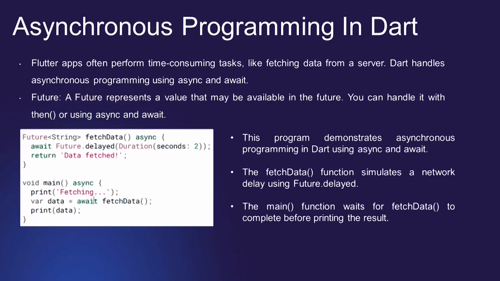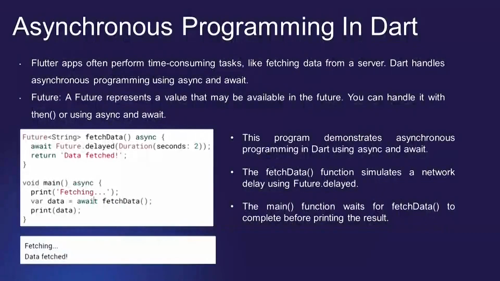So, I hope you understand the async keyword, await keyword, return keywords, and how to define an asynchronous task and how to execute that task inside main. So this is the output, but the second line will be displayed after a delay of 2 seconds.